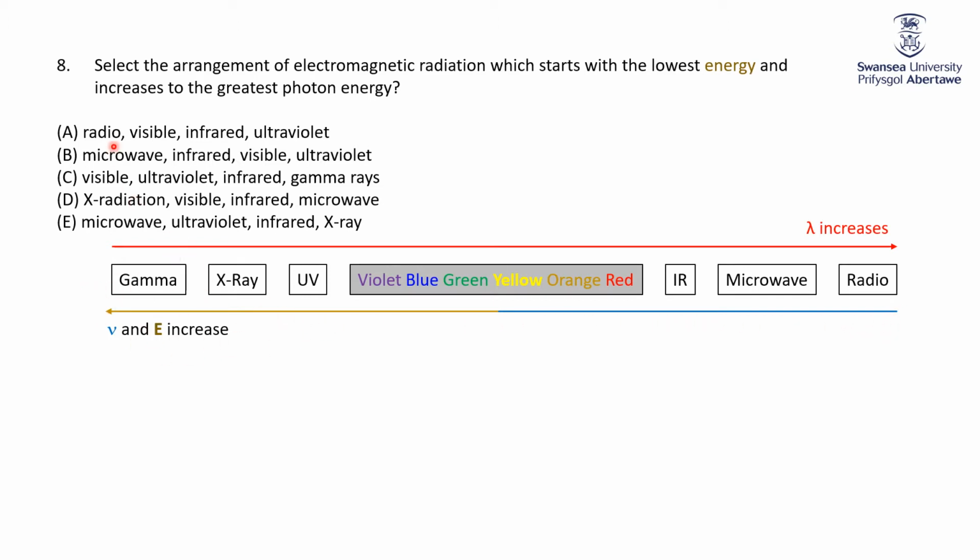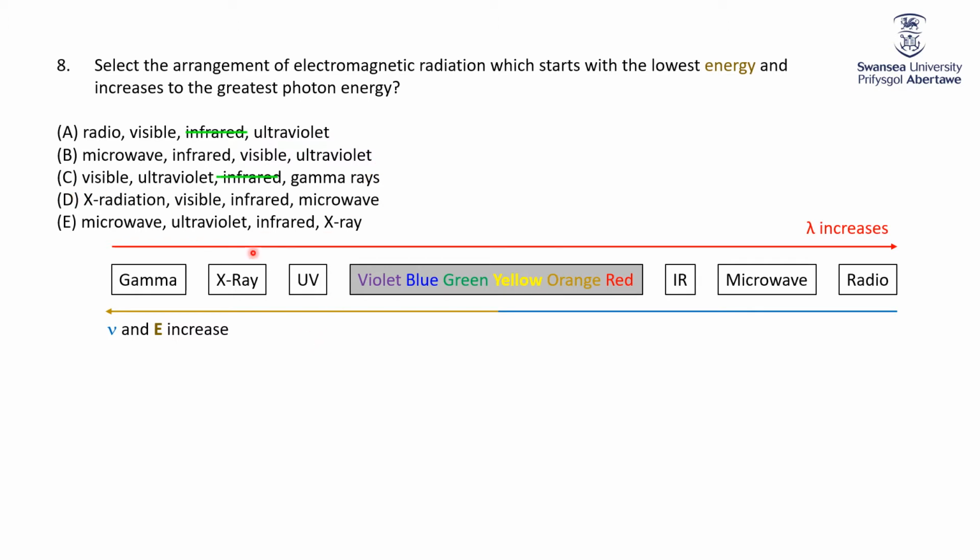I'm going to do this one slowly, and in future questions I'll speed up a little. So we have radio, that's great, then visible, that's great, then infrared, no, infrared is out of order. Next one: microwave, great, infrared, great, visible, great, ultraviolet, great, excellent. That one looks pretty good.